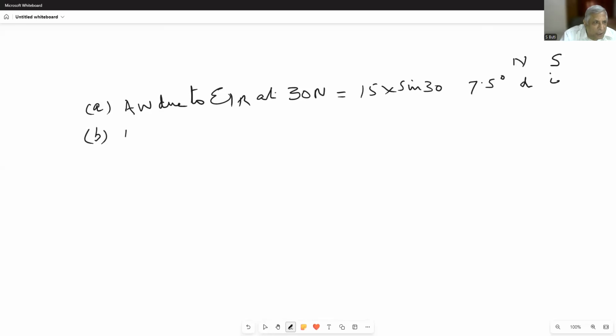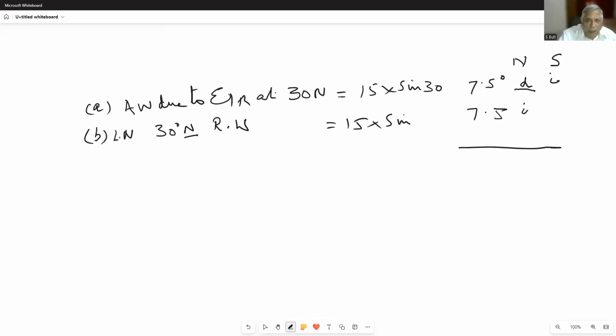If I set my latitude nut also to 30 degrees north, it will create a real wander whose value will be 15 into sine of 30, that is 7.5 degrees. And if I set it to north, the readings are decreasing at the moment in the northern hemisphere, it will increase the readings, and my net wander will be 0.